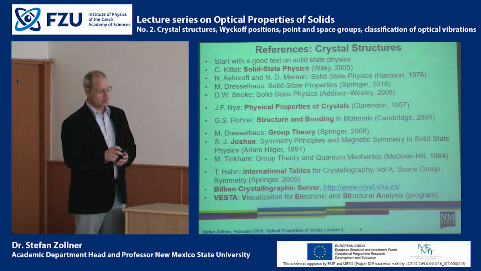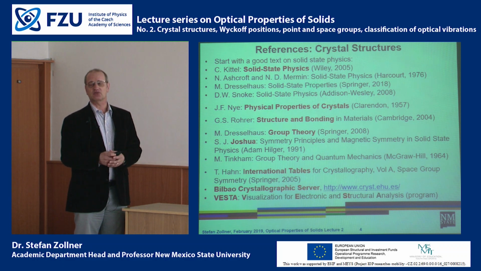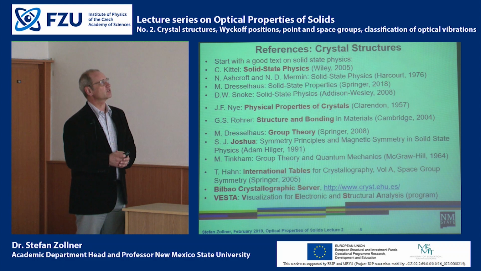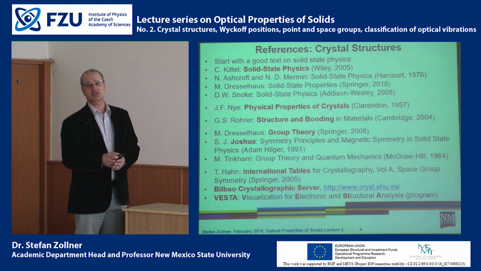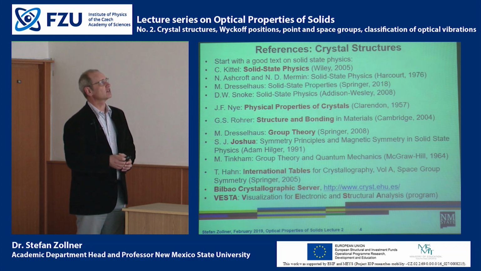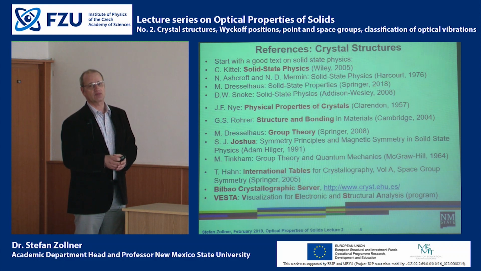So what are the reference materials that you could use for this lecture today? You can start with a good text on solid-state physics. The undergraduate textbook in the United States at the bachelor's level is typically Kittel, solid-state physics. The graduate level text is usually Ashcroft and Mermin.